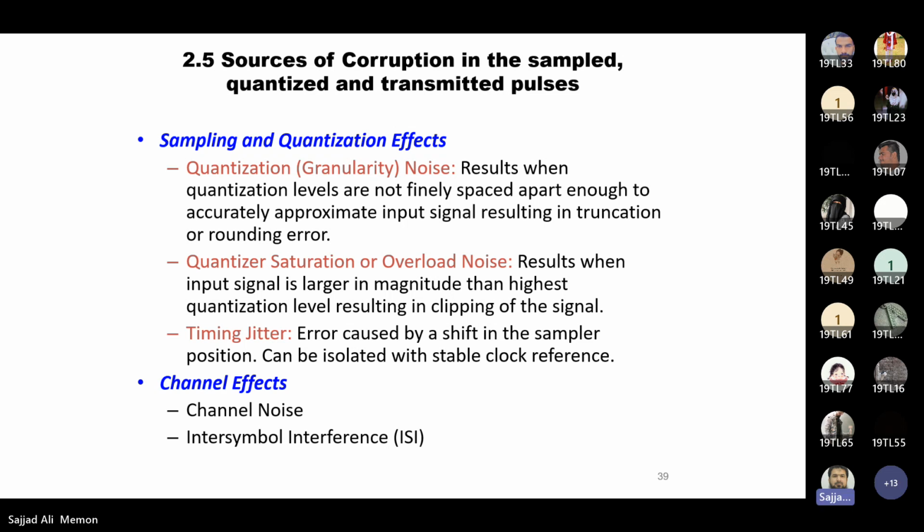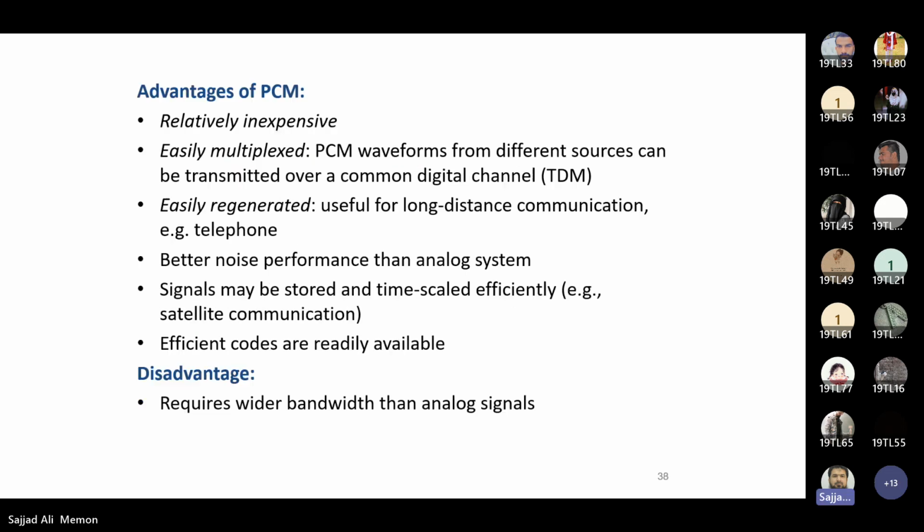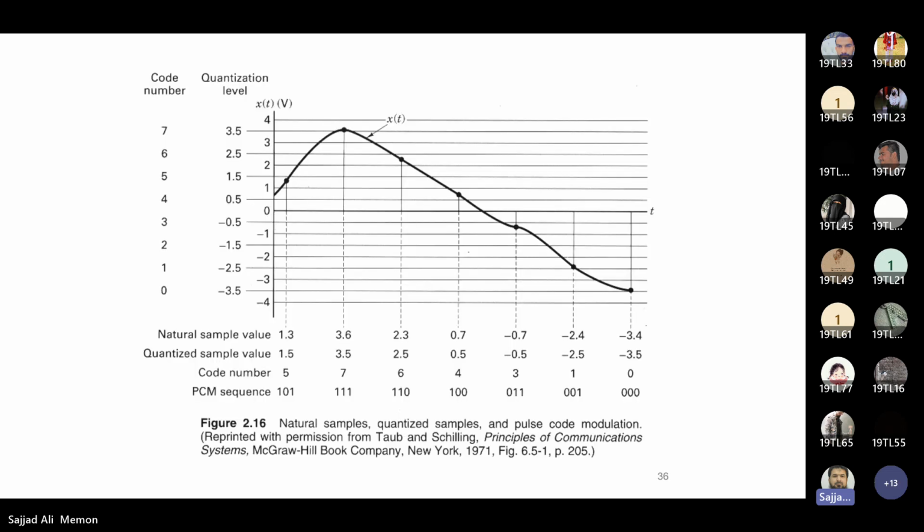The second type of quantization effect is quantizer saturation or overload noise. That results when the input signal is larger in magnitude than the highest quantization level, resulting in clipping of the signal. Taking the same figure as the example, the highest voltage level present here is 4. Somehow this signal may be greater than 4, maybe 4.5.